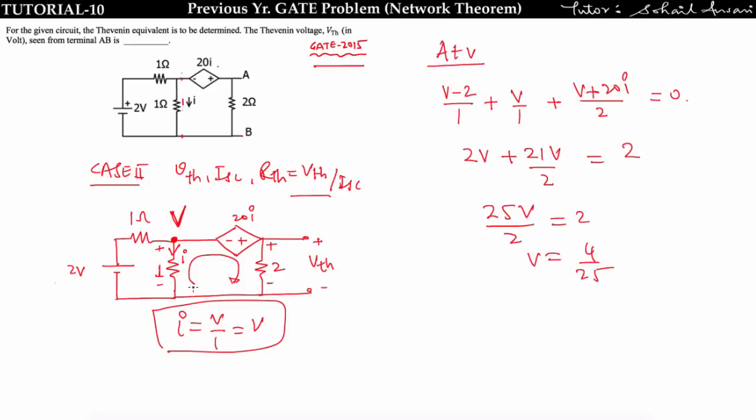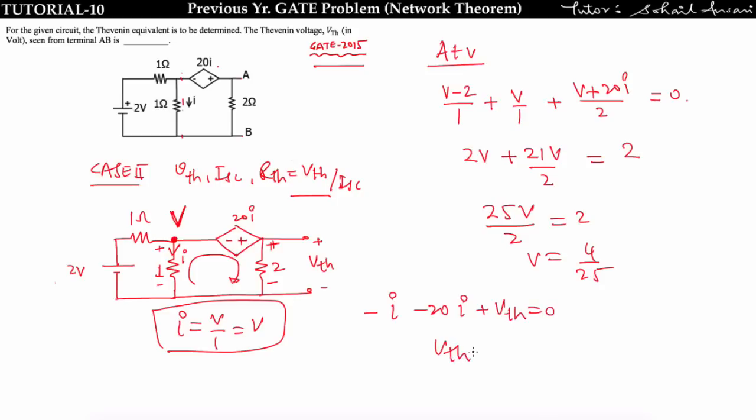Now apply KVL in this loop, assuming that VTH is the voltage drop across this 2 ohm resistance. So you will get minus I minus 20I plus VTH is equal to 0.